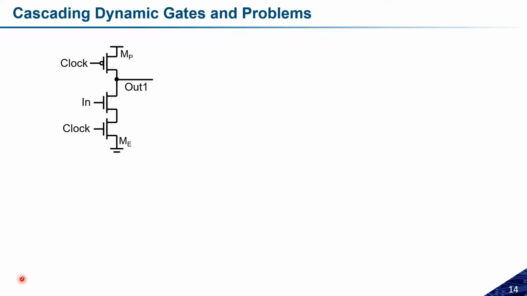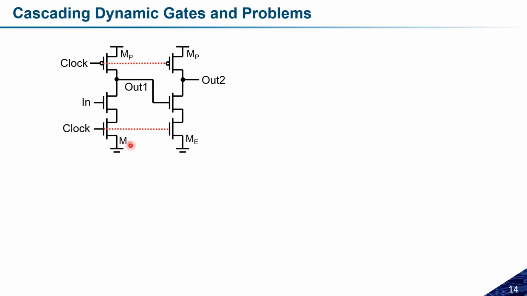This is an inverter based on dynamic logic, and I have one more circuit like this, and the output of the first dynamic circuit is connected to the input of the second. So we have just cascaded 2 dynamic gates.